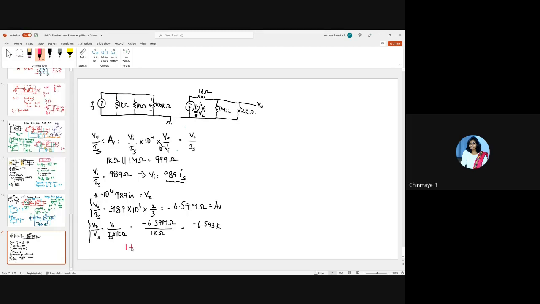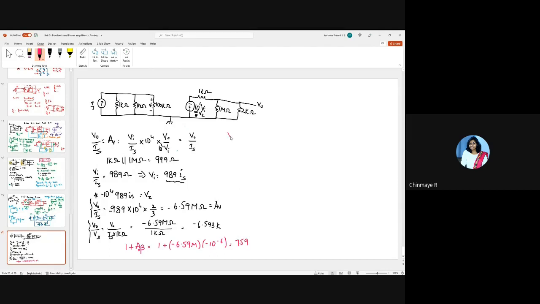That will be 1 plus minus 6.59 mega into minus 10 power minus 6, right? How much is that? Are all of you with me? Yes, ma'am. 7.59. Okay. So now this will be equal to 7.59.